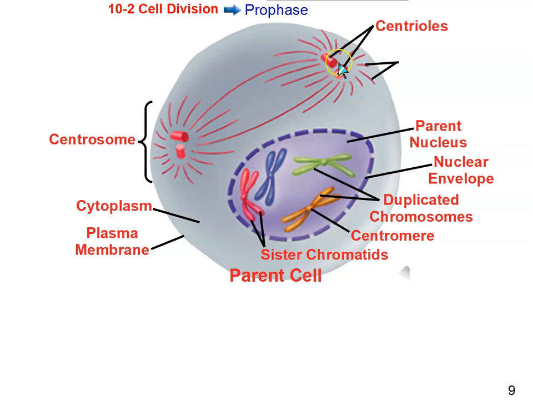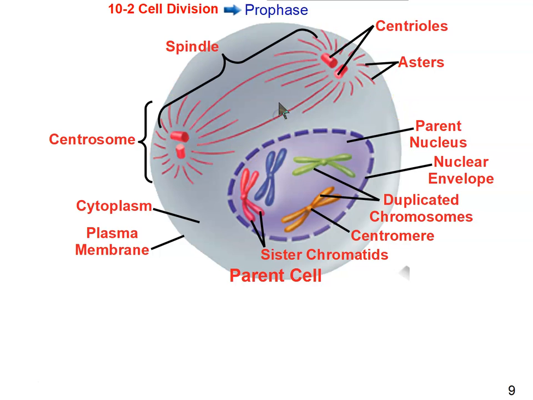And the spindle is made up of two parts, basically. There are the asters, which are these short microtubules here that are anchoring the centrosome to the plasma membrane. That's their function. They anchor the centrosome to the plasma membrane once the centrosomes have reached opposite poles of the cell. These centrosomes haven't quite reached opposite poles yet, but that's the function of the asters that are part of the spindle.